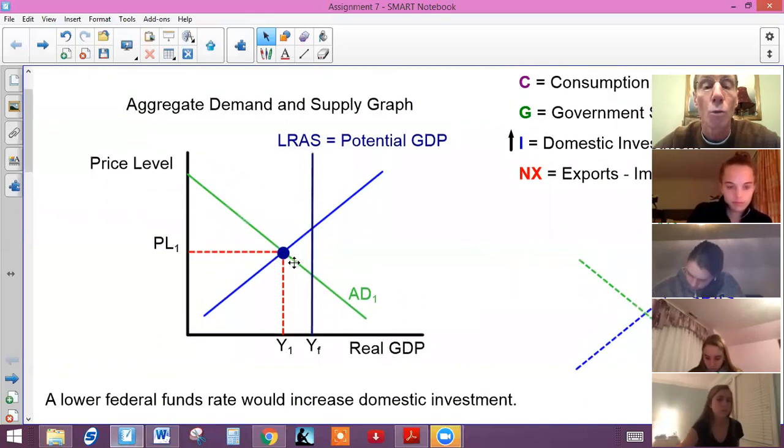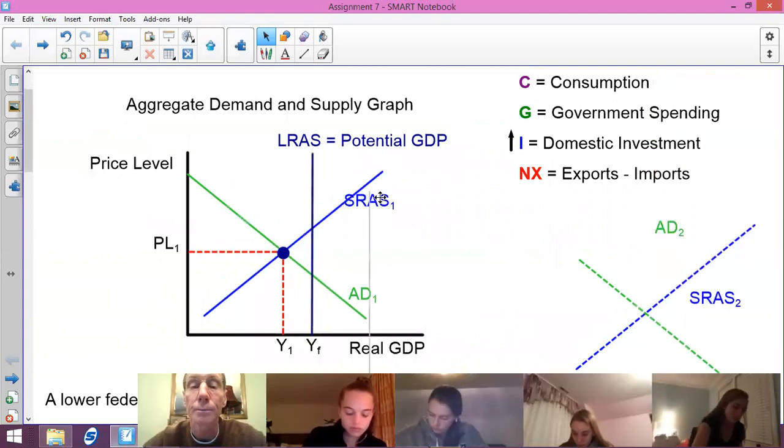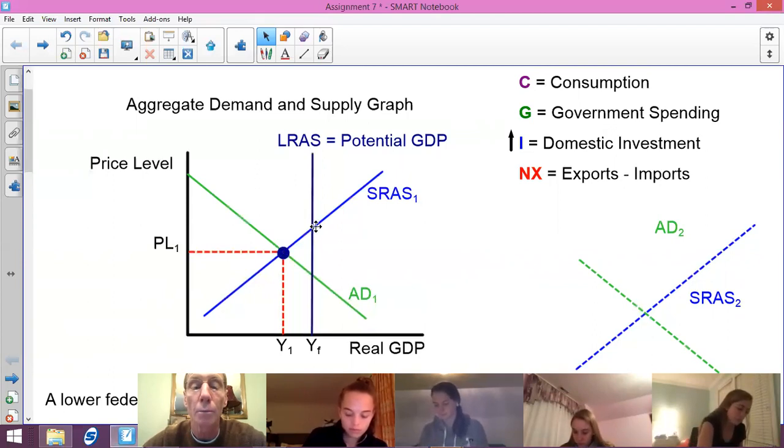So when you're operating below full employment, you're going to have aggregate demand equal to short run aggregate supply, which I should have right here, below the long run aggregate supply, because this is where full employment is, the potential, right?